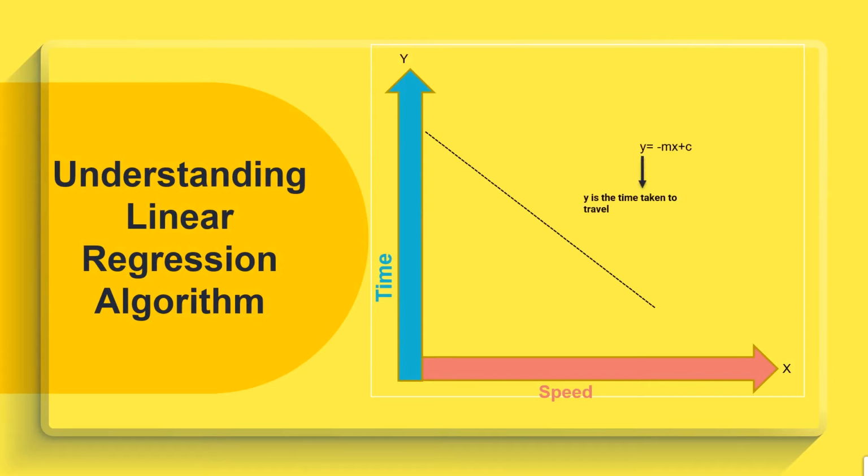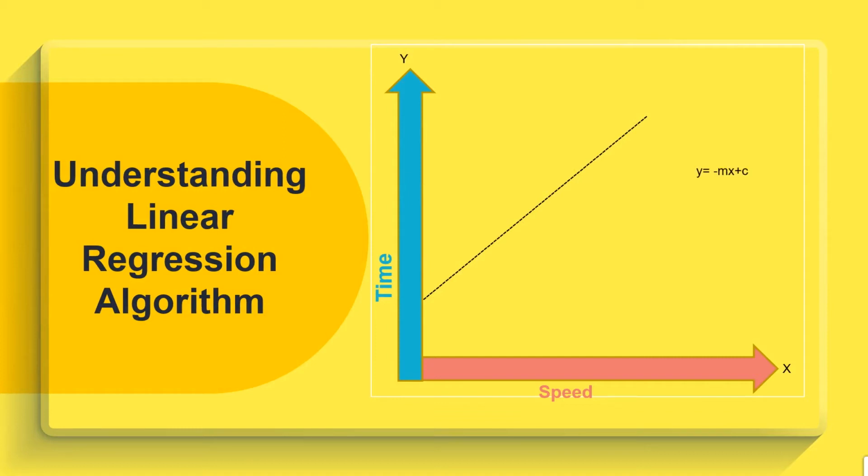Here, the equation of line changes to y equal minus mx plus c, where y is the time taken to travel a fixed distance, x is the speed of the vehicle, m is the negative slope of the line, and c is the y-intercept of the line. Now let's get back to our independent and dependent variable. In that term, y is our dependent variable and x is our independent variable.